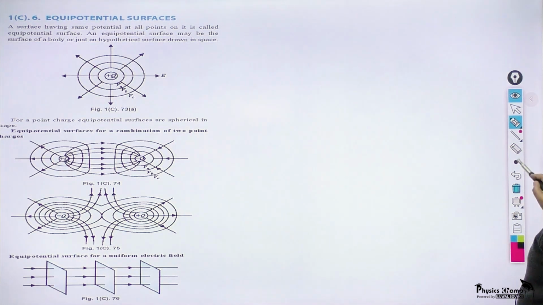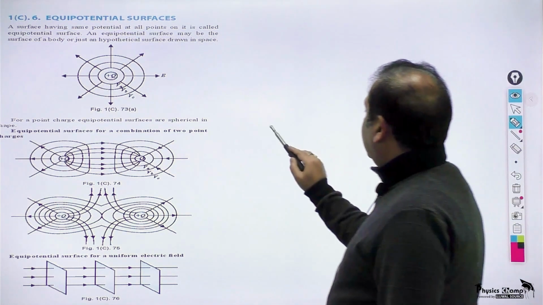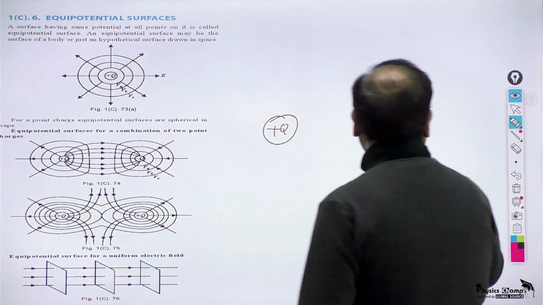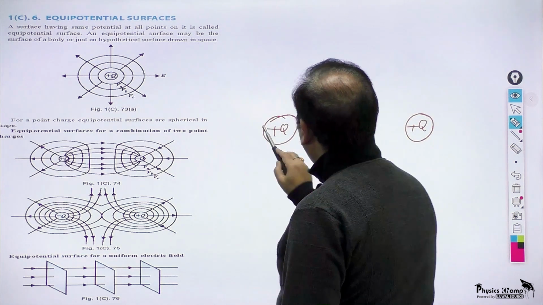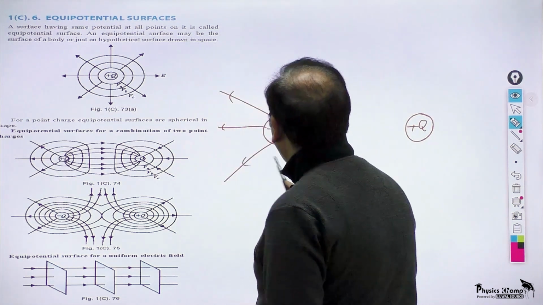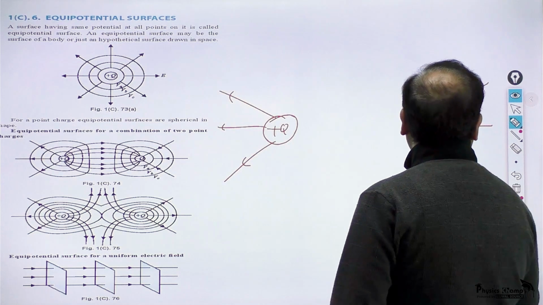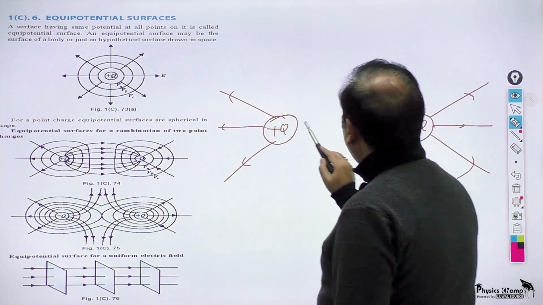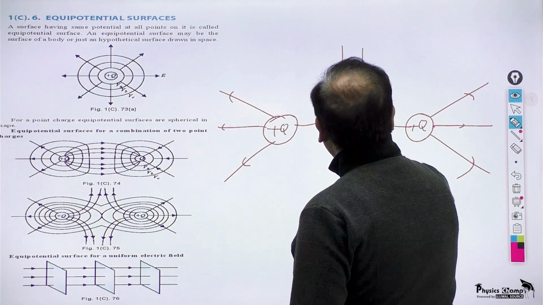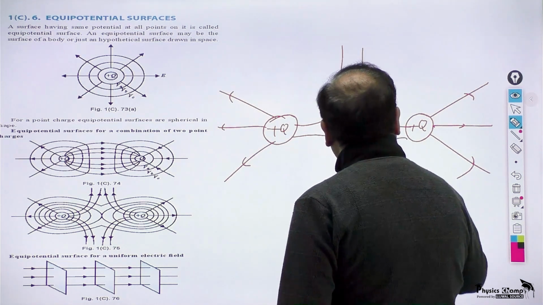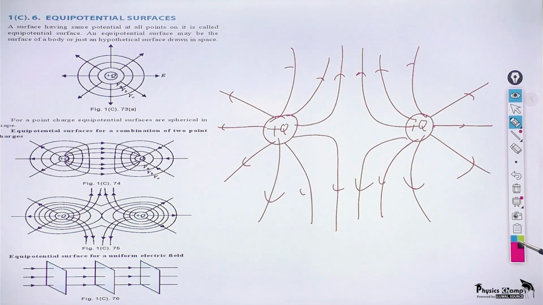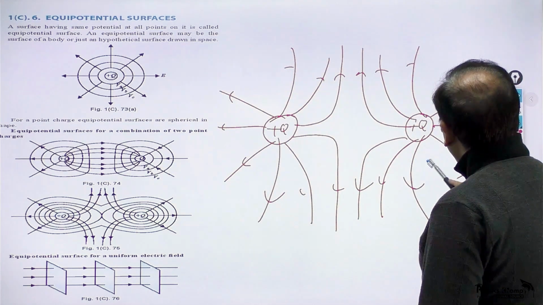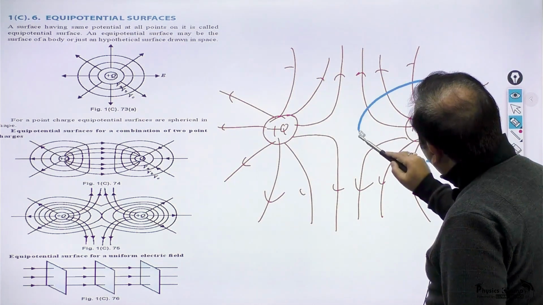Next, I take the equipotential surface in case of two similar charges, plus Q and plus Q. If you try to find electric lines of force in the farther region, it is not affected by the presence of the other charge. But in the central region, the electric lines of force repel each other this way. If I am interested in the equipotential surface, in the outer region it will be like a sphere, but it is more curved in the central region.